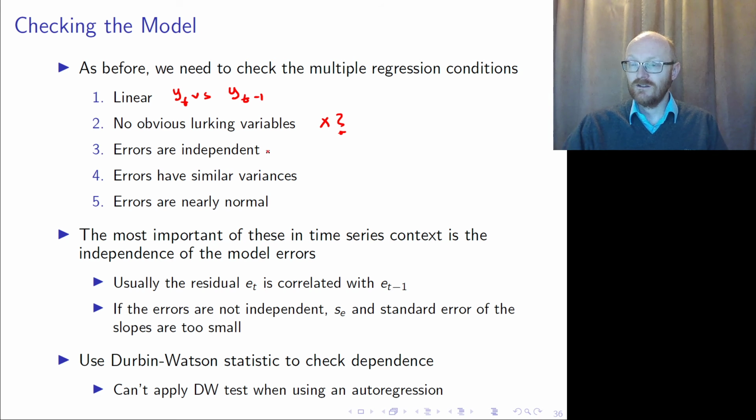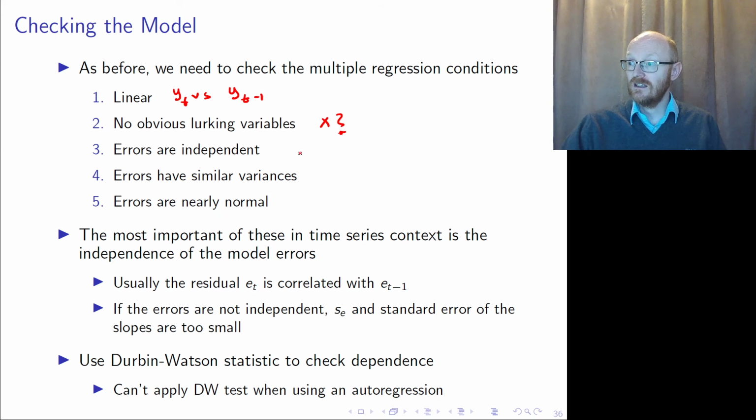And after you have estimated the model, you have to check if the errors are independent, which you can do with the Durbin-Watson statistic if your time series is not including any lags of Y. But if the model includes any lags of Y, then you should not use the Durbin-Watson statistic.